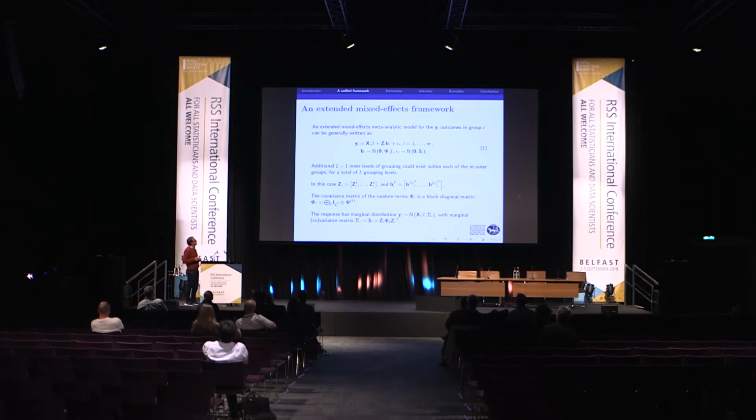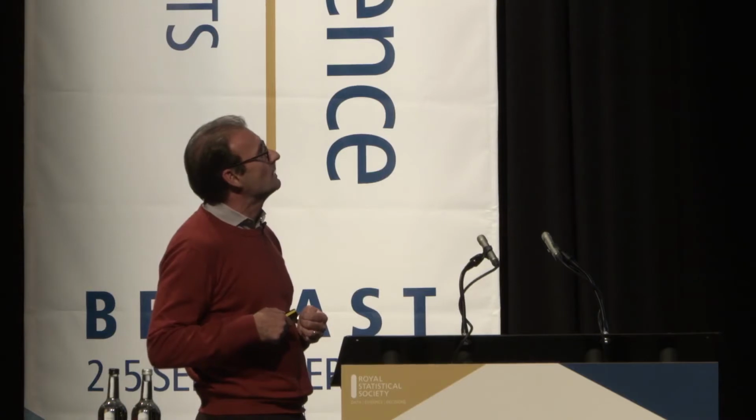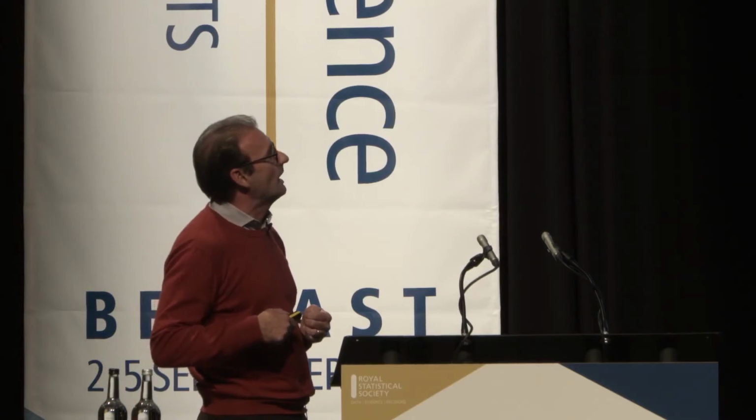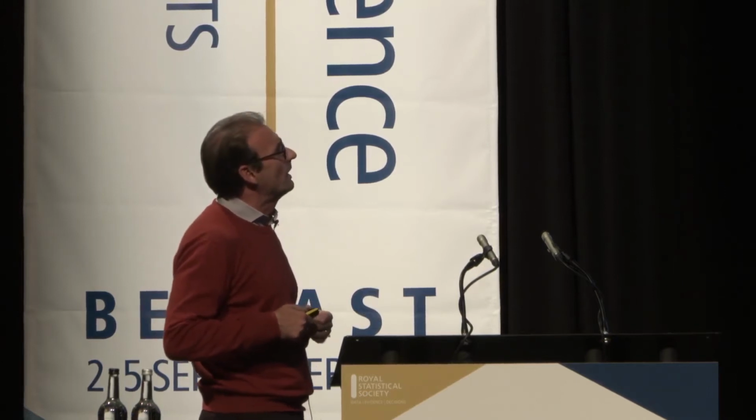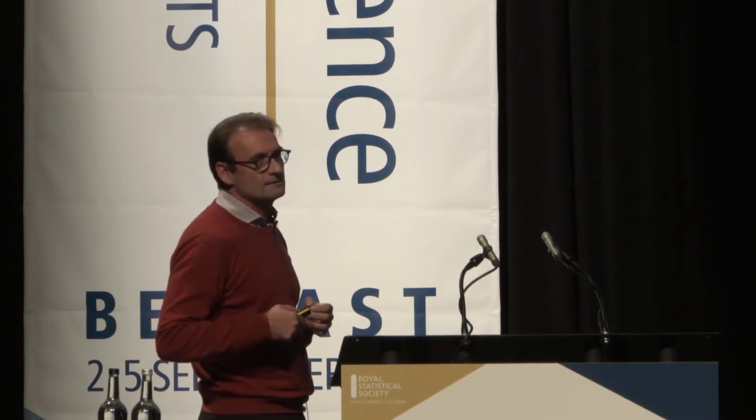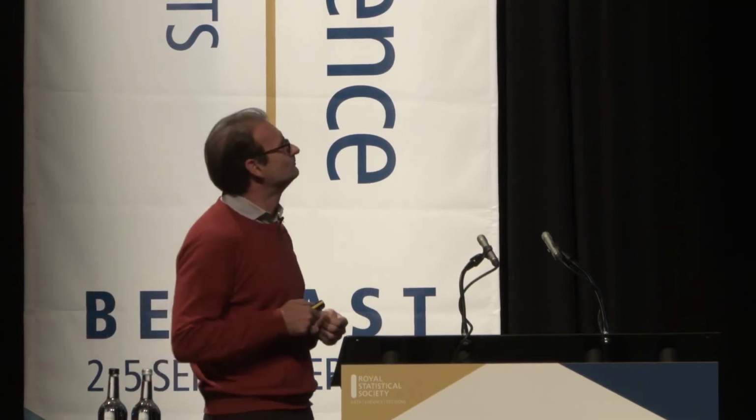Here we model the random terms following a multivariate normal distribution characterized by this covariance matrix psi i, which represents the between group covariance matrix. And this is the within group error term, characterized by the covariance matrix S, which in the meta-analytical setting is usually known.